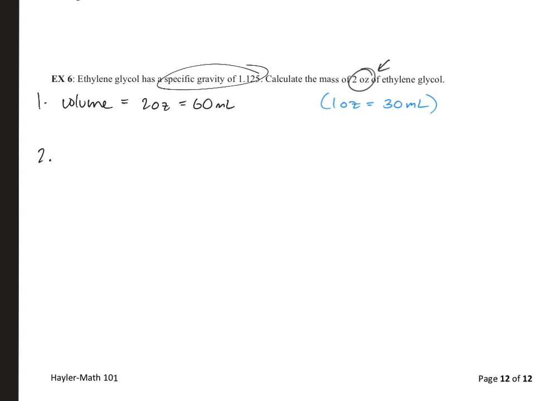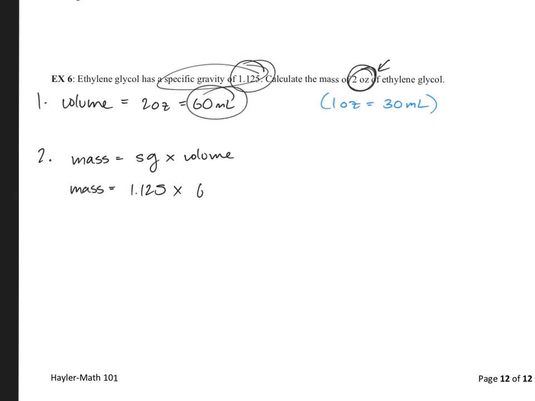So second step, remember we're using that the mass is equal to the specific gravity times the volume. So mass is going to equal the specific gravity, which was 1.125, times the volume, which we had was 2 ounces, but we converted to 60 milliliters.